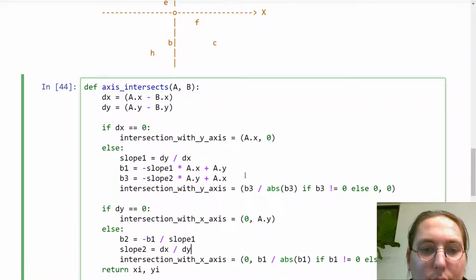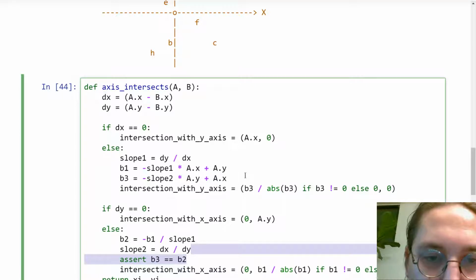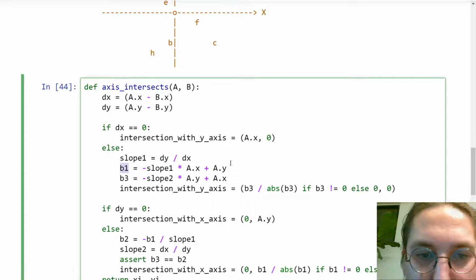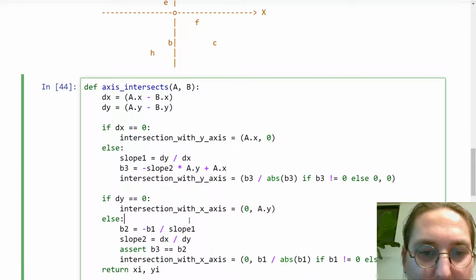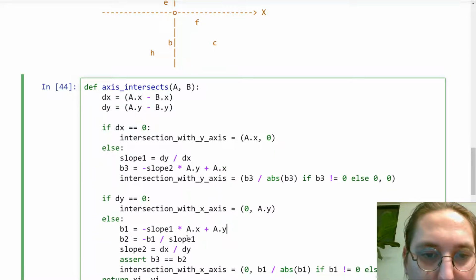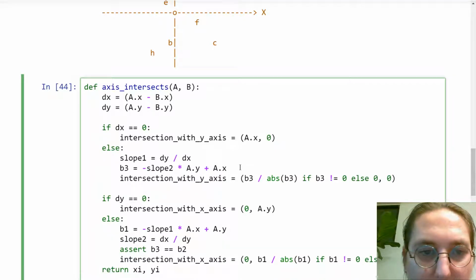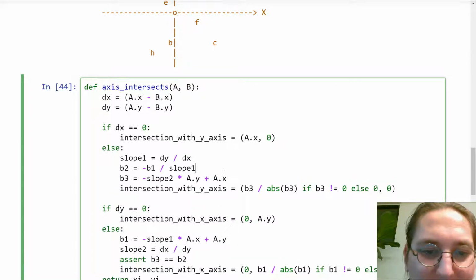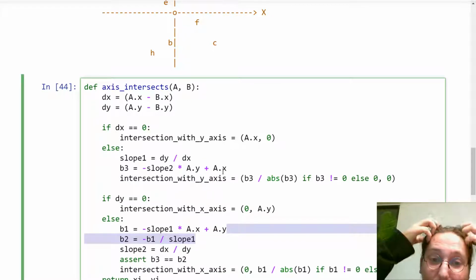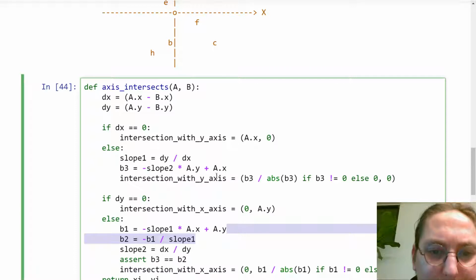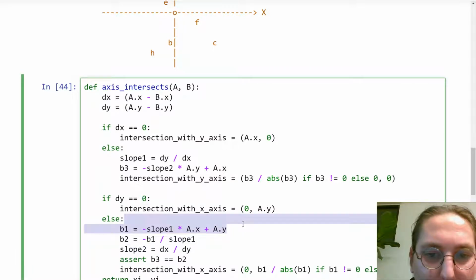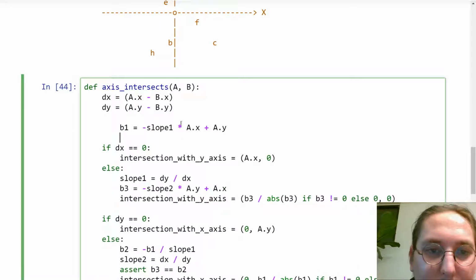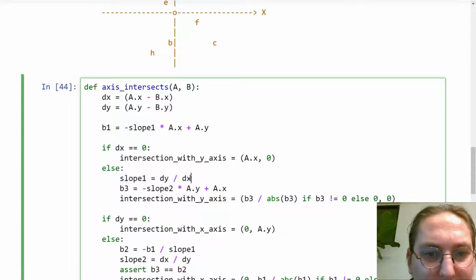So actually, what we want is B1 down here, isn't it? We can even get the computation of the slope and B2 outside the if statements. B1 cannot fail. But we need the slope first. Yeah, but this can fail.